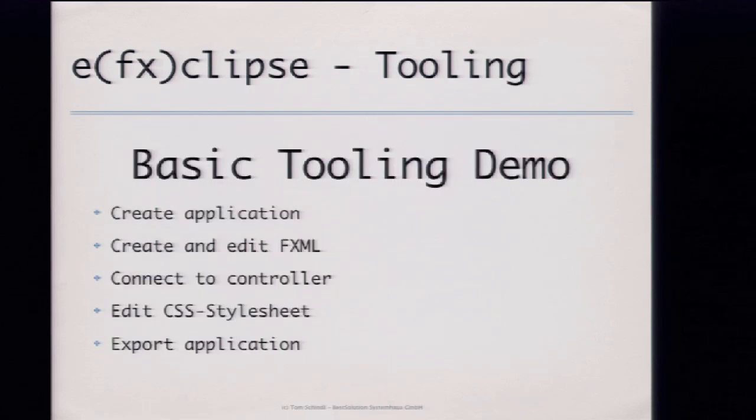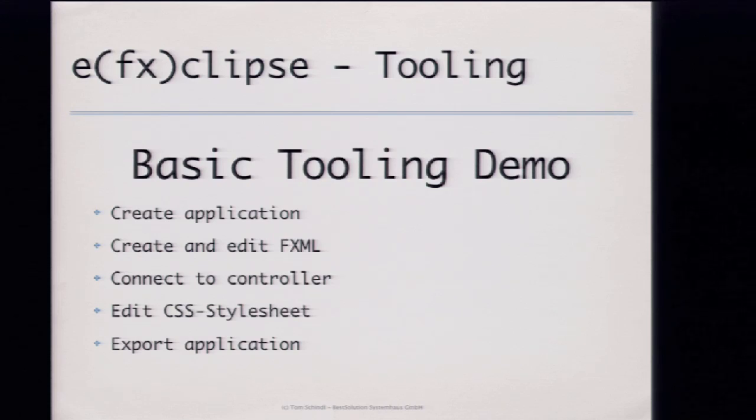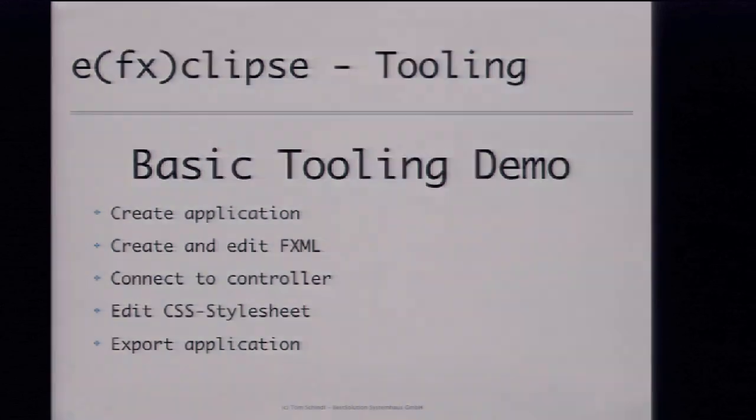Now it's the first time I'm going to present the basic tooling function that I just described that helps you bootstrap an application, create and edit an FXML file, and connect to a controller whenever you have to execute code. You have the FXML file, but it's a declarative format. When you want to run code, you must connect it to a Java class or a scripting class. I'll show you how to edit a CSS style sheet and how to export the application.